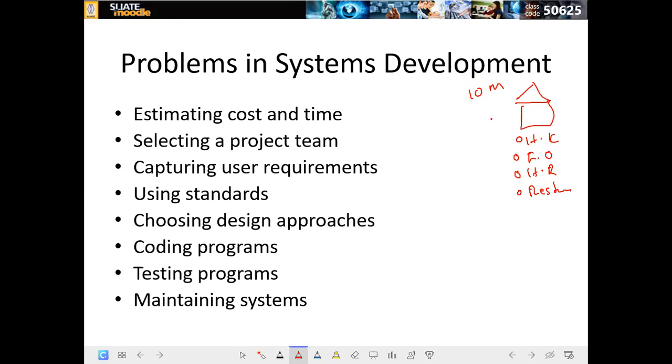You can then presume it will be about 15 million when you complete this system.